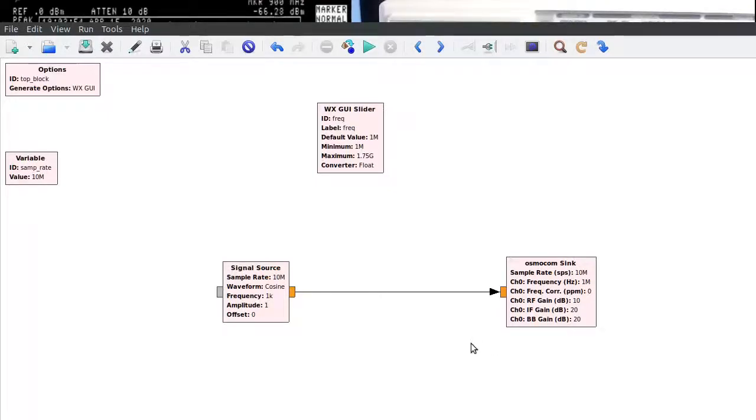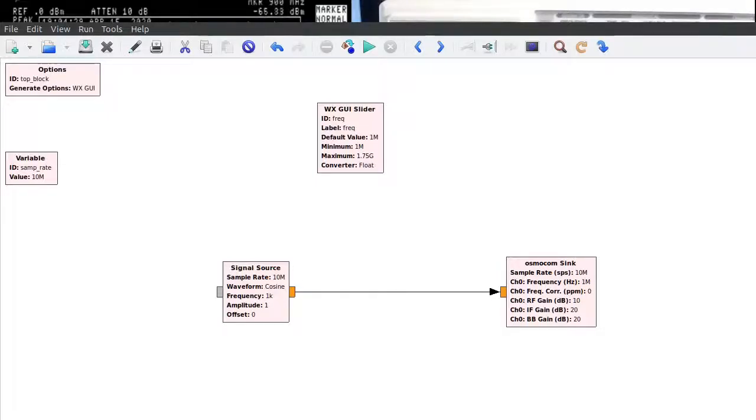So this is the output frequency really of the HackRF, and this can be controlled by this slider here, which goes from 1 megahertz to 1750 megahertz, so 1 gigahertz 750 megahertz, which is basically the limit of my spectrum analyzer, which is 1.8 gigahertz. So this is a very simple script, just to have a very basic idea of what the HackRF does in its output phase.